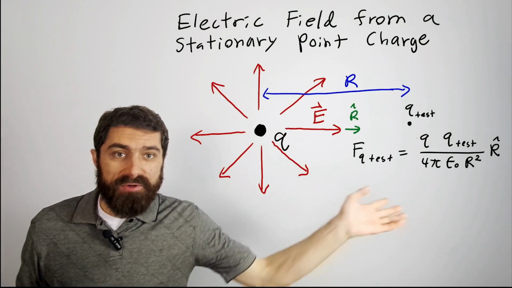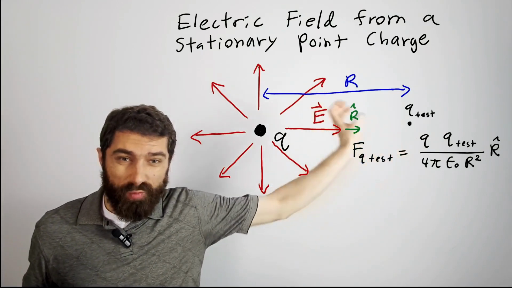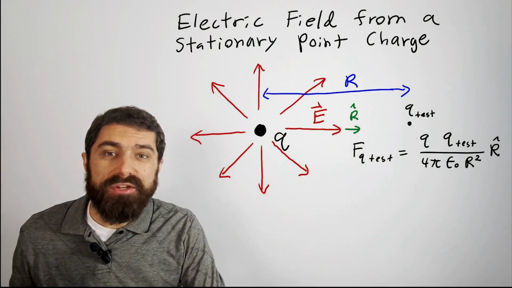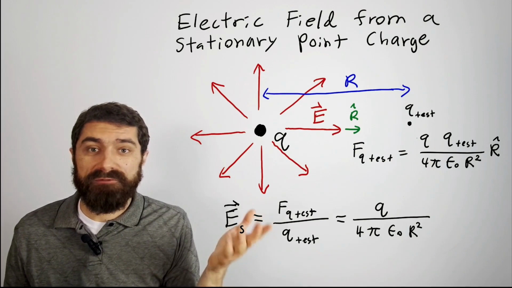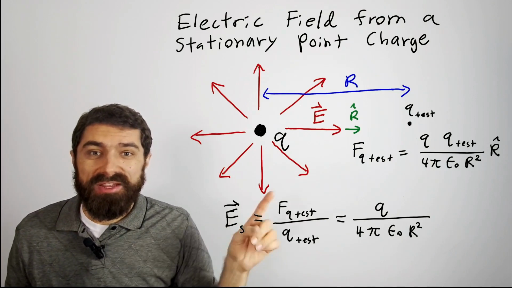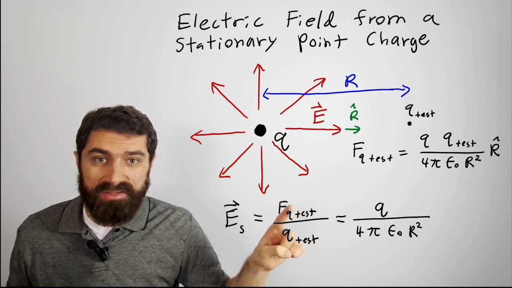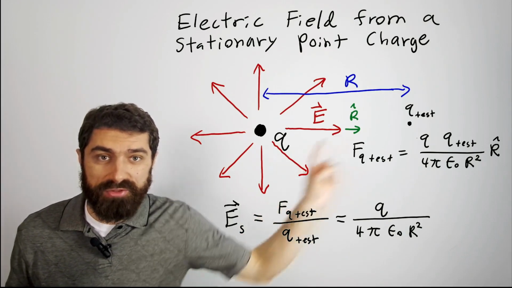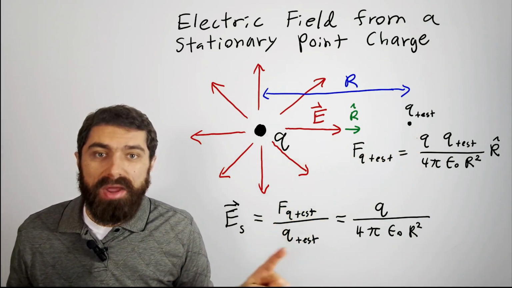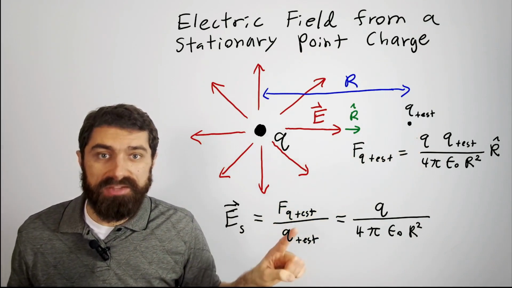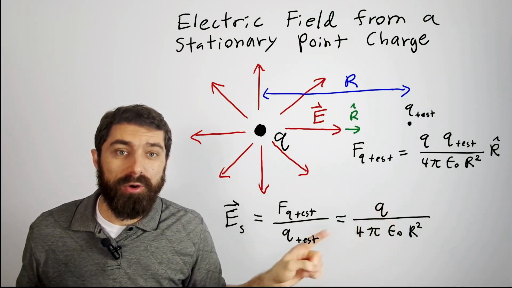So it turns out if we know that force that this charge experienced when we placed it there, we can then use our definition of an electric field to find out a formula for the electric field. So we take the force on that test charge that we would measure if we placed it there, and then divide it by Q test, and we end up getting this expression over here.